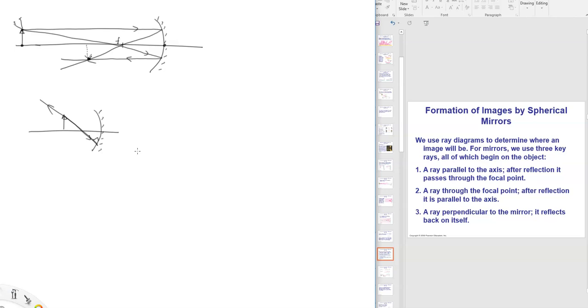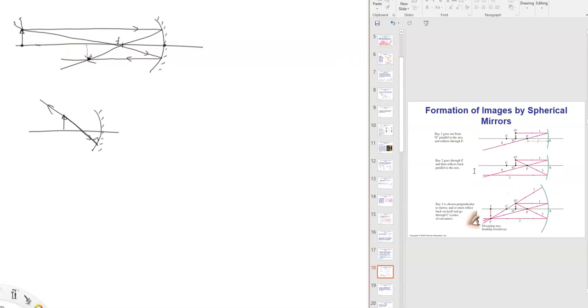At least you need two different lights. It's easy to use the one that goes parallel and one that goes through F. The parallel one reflects through F, the one that goes through F reflects parallel, and where they meet is the image formation. The image will be formed there.